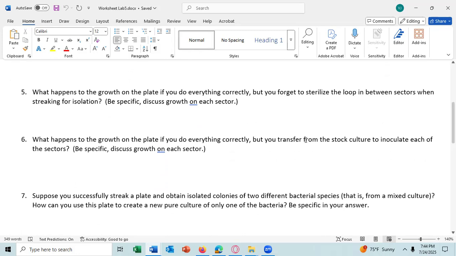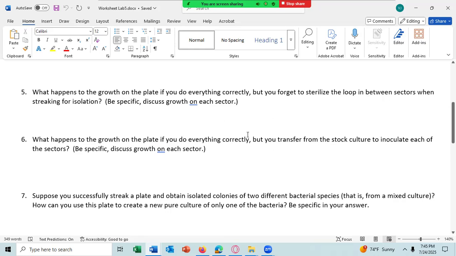So let's say we have 3 sectors on a plate, and you are doing it correctly, so you are sterilizing the loop before you begin sector 1. And then you streak out sector 1. And now you're not doing it correctly, and you don't sterilize the loop between sector 1 and sector 2.